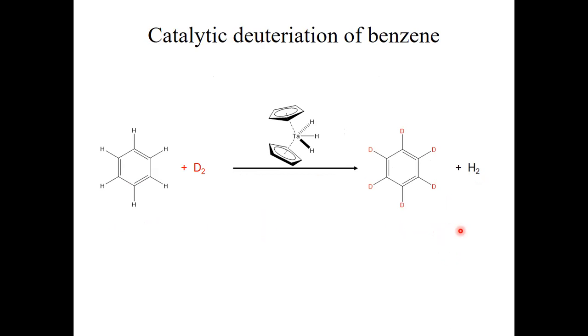One application of oxidative additions and reductive eliminations is the catalytic deuteration of benzene. The per-deuterated benzene is an important solvent in mass spectroscopy, and one can industrially make it using an organometallic catalyst, actually this one here, through a series of oxidative additions and reductive eliminations.